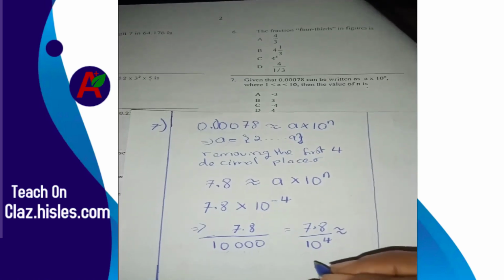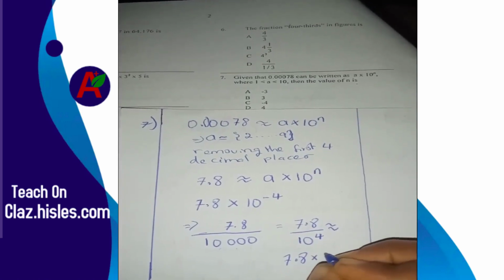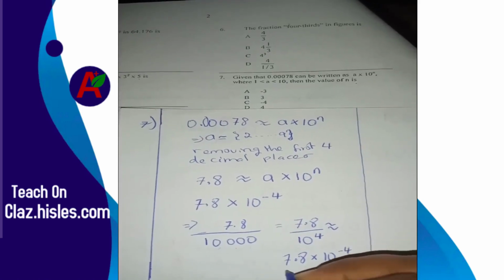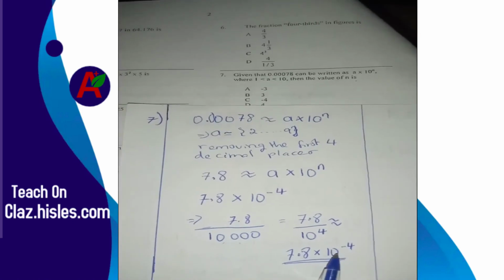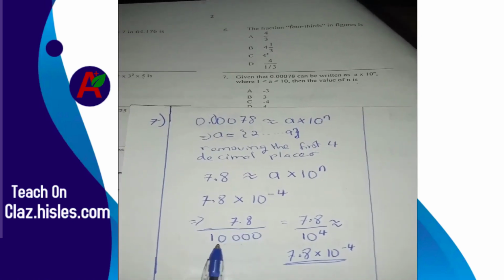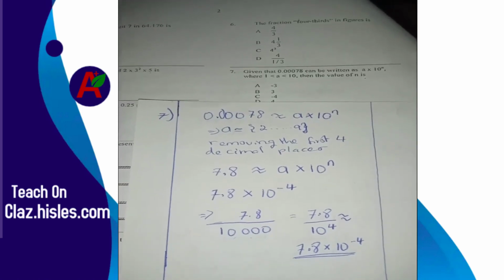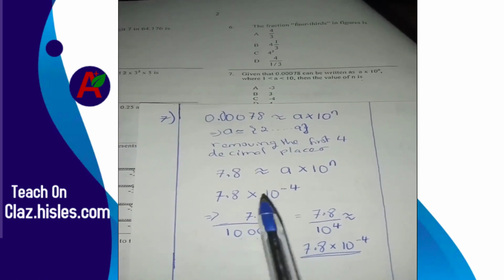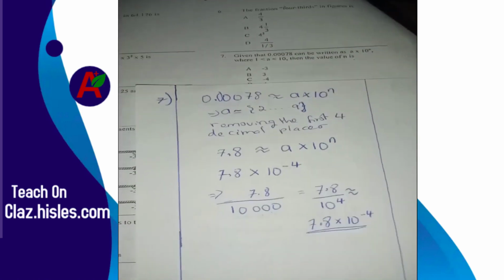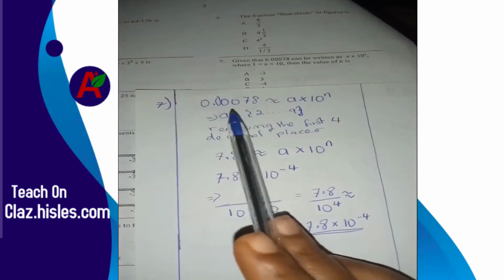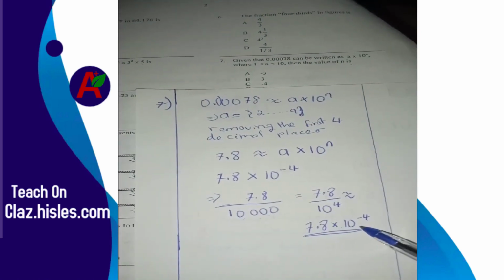So this is also the same as 7.8 times 10 to the negative 4. This is how the 10 to the negative 4 came out, because 7.8 is the same as 7.8 divided by 10,000. So I hope you understood how we move from here, 0.00078, to 7.8 times 10 to the negative 4.